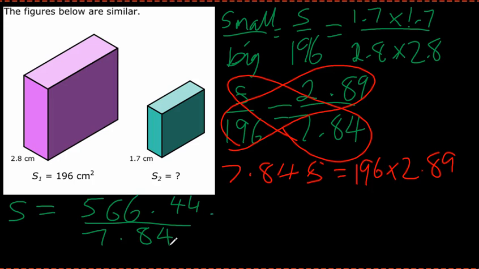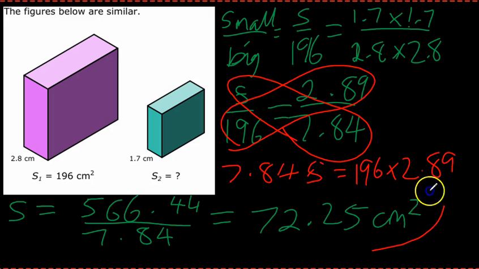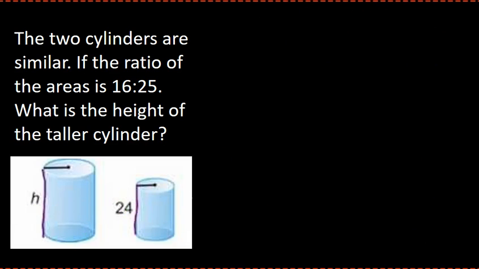That will give you 72.25. Square centimeters now, because it's area. So watch when you're finding volume and when you're finding the surface area, or the side length.